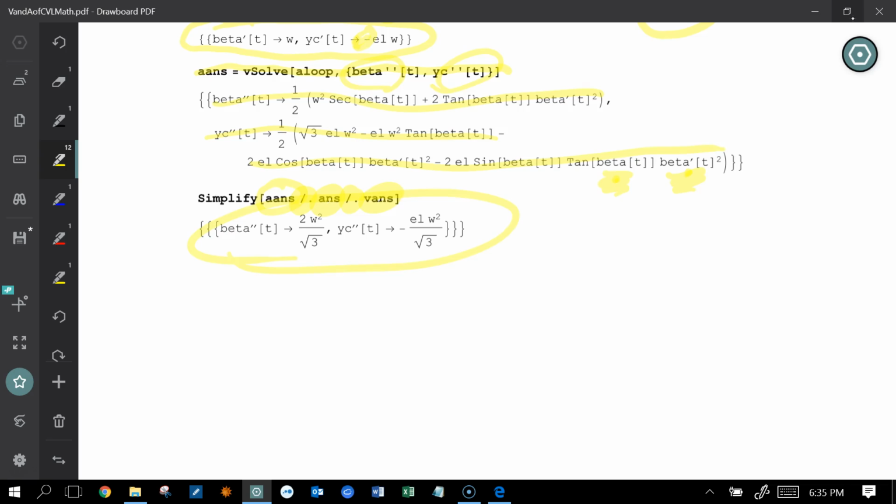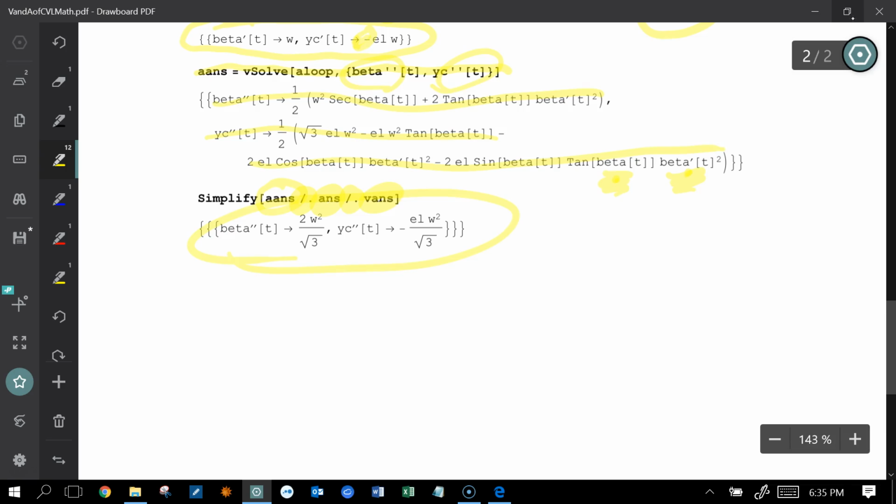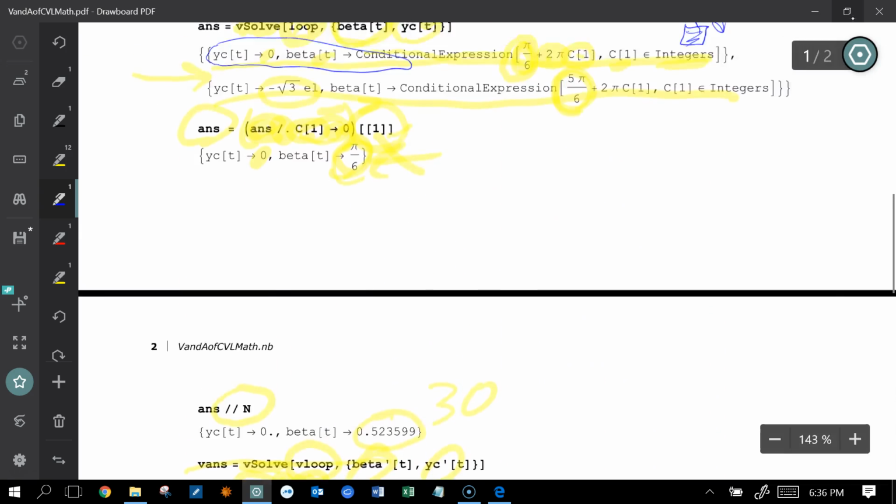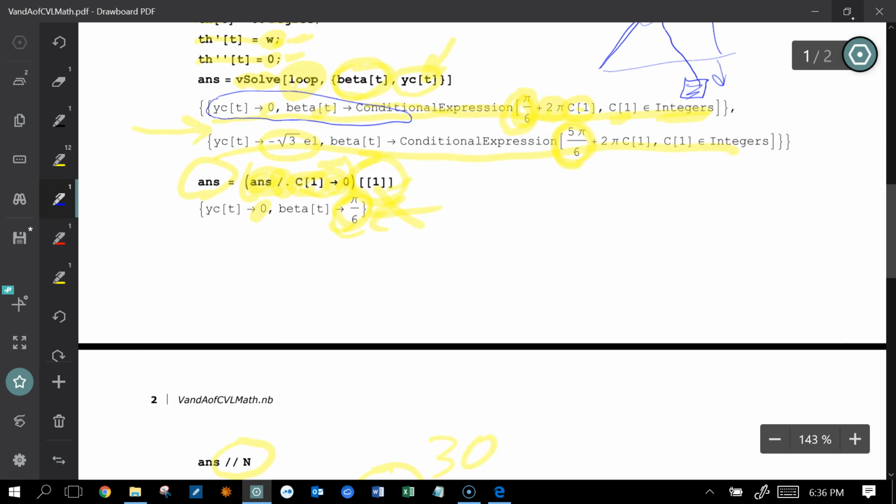Just like a negative YC dot was going up, this one is negative, so he's also going up. Let me see if I can jog your memory. You had this mechanism, went up like this, came down. We had a red dot right here, and we defined this as C, this was YC.